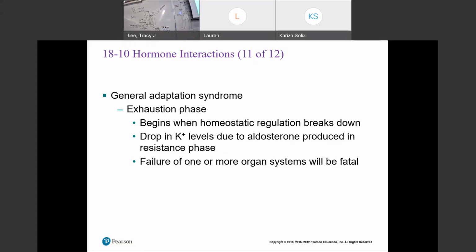We begin to see a drop in potassium levels due to aldosterone. So if we're building aldosterone, what's aldosterone say? Who do we hold on to with aldosterone? Salt, sodium, right? Na.